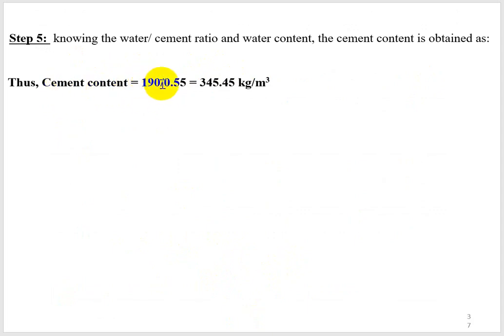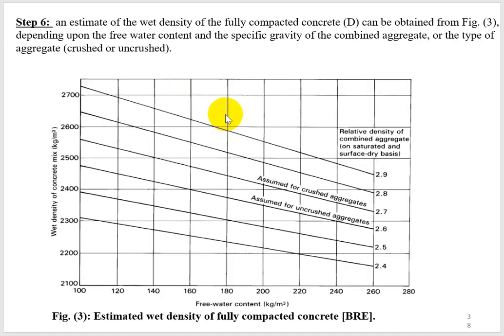We go to step number 5 and find the cement content, by dividing the water over the water cement ratio. Then we move to step number 6, and in that case we haven't got any information concerning the relative density of the combined aggregate. So in that case we use one of these that corresponds to the type of aggregate, whether it's crushed or uncrushed.